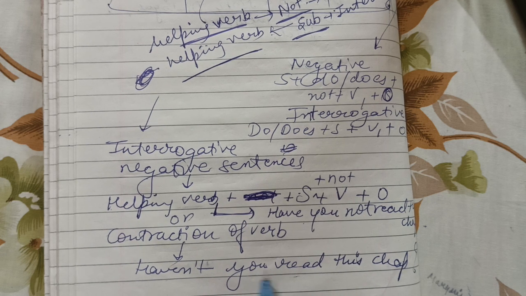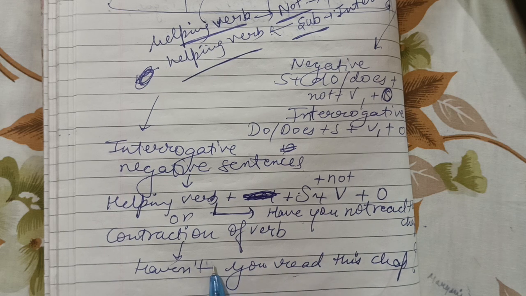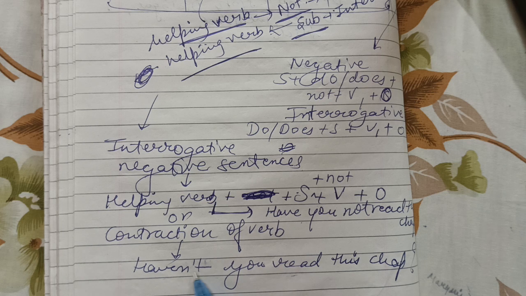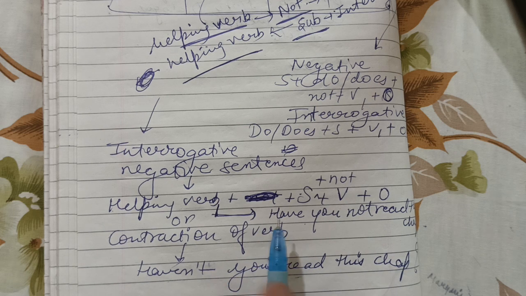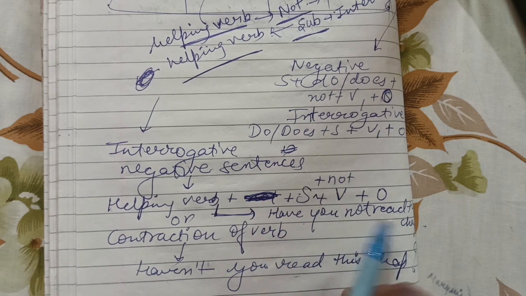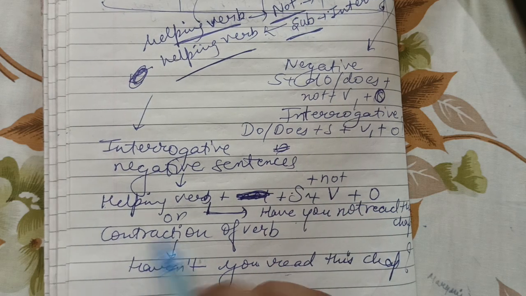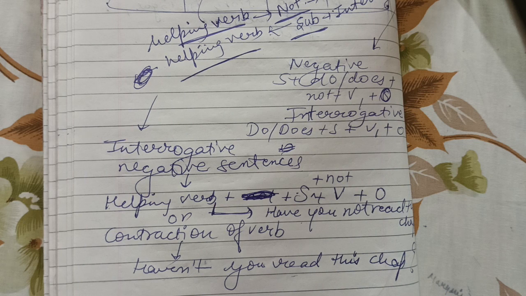We will form: you have not read this chapter. And when we transfer have to the front, we get: have you not read this chapter? This is one way we can make this. And the second way is by using a contraction of the verb, like what I have used here. Okay, I hope you understand till here.